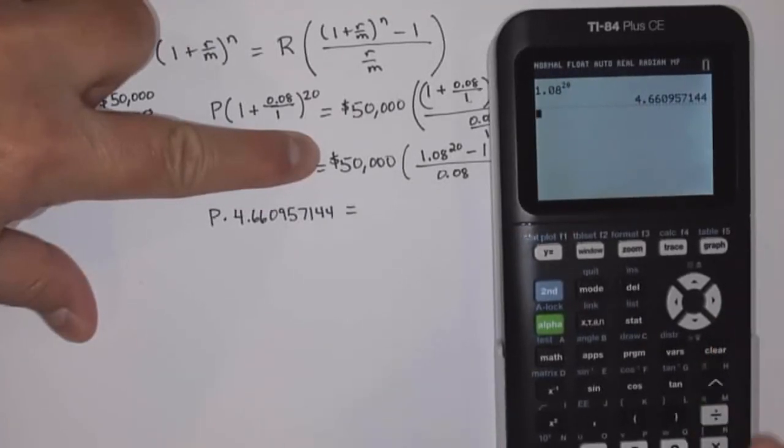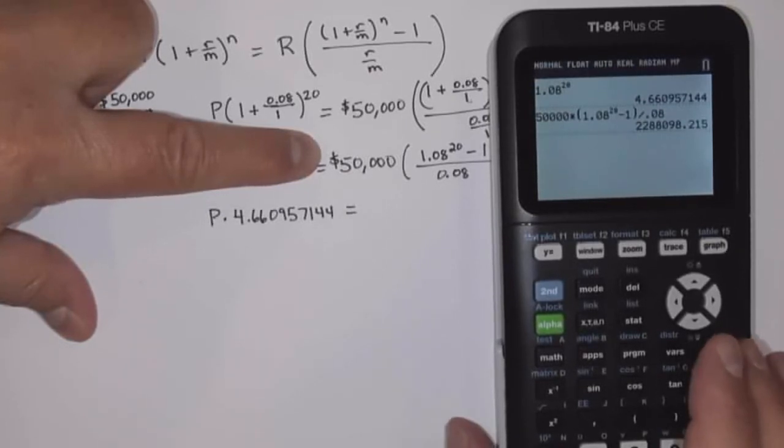So I'm going to have 50,000 times, parenthesis for the numerator, 1.08 raised to the 20th power minus 1, close the numerator, divided by 0.08, the denominator.